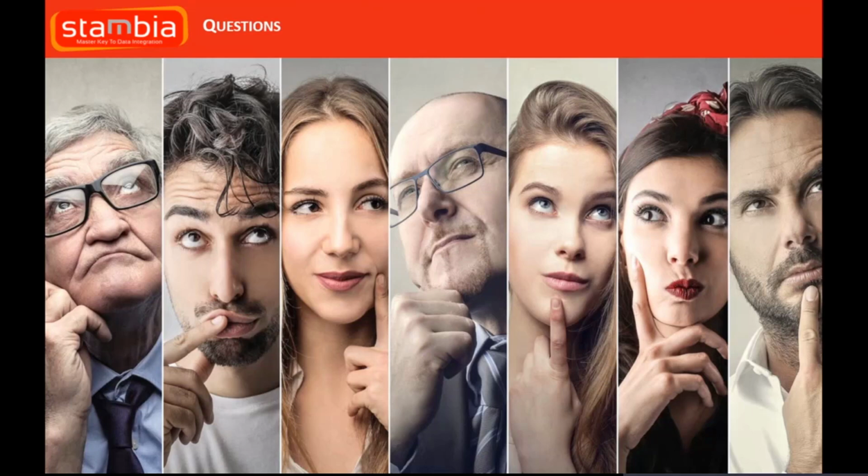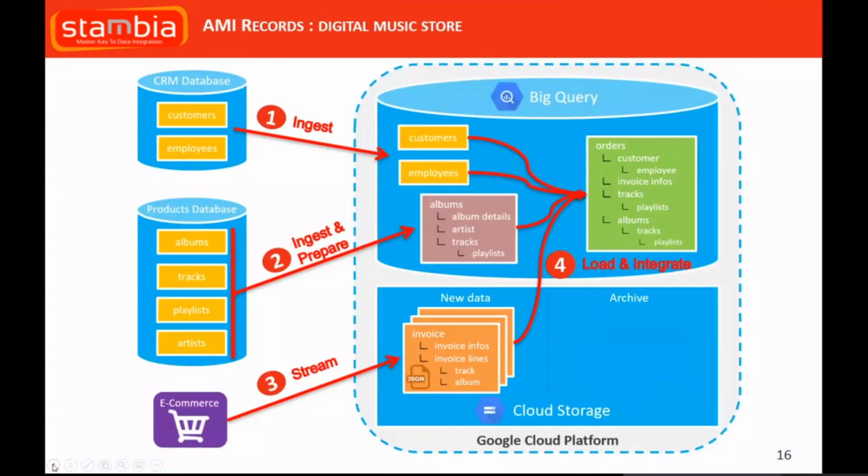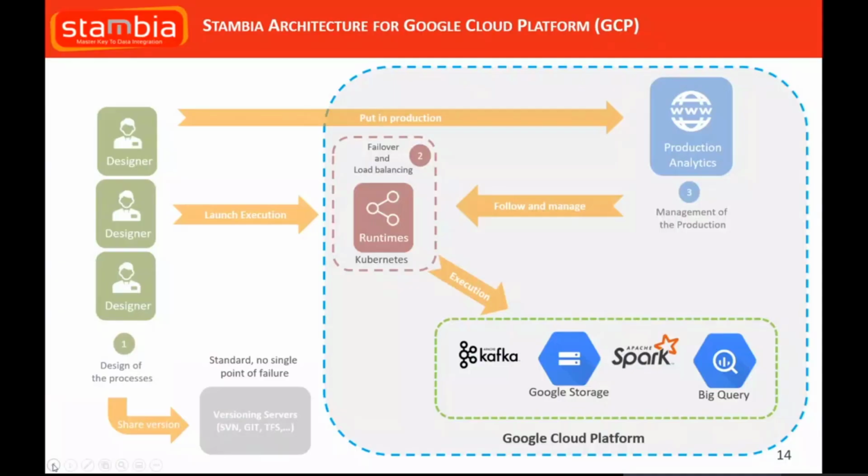Okay, good. Next one is, what is your pricing method? Well, if we go back to the slide that Babab was showing, the architecture, we can see that we have the licenses by the developer. This is an on-premise solution, and you acquire the license and you keep it as long as you want it.